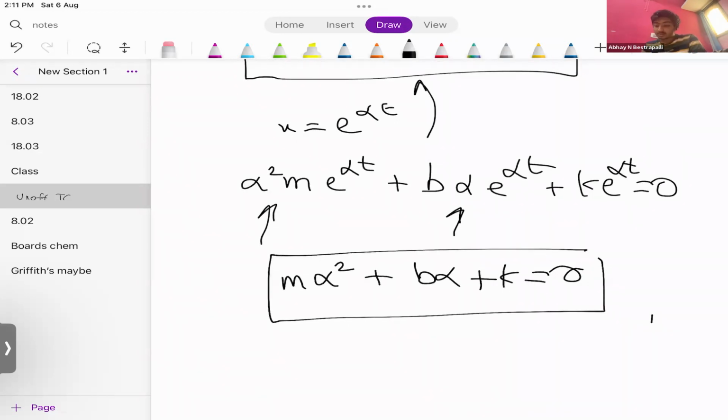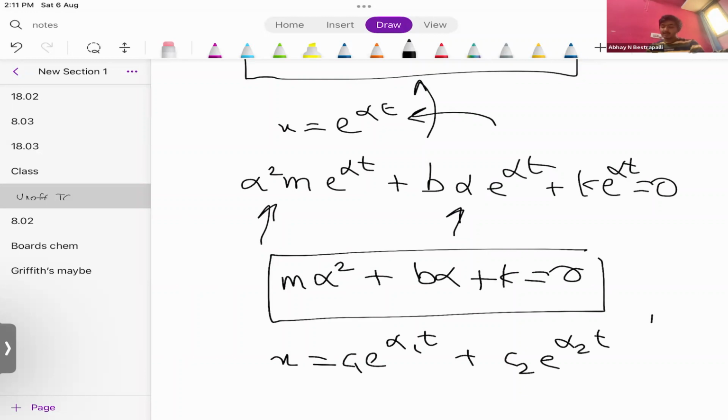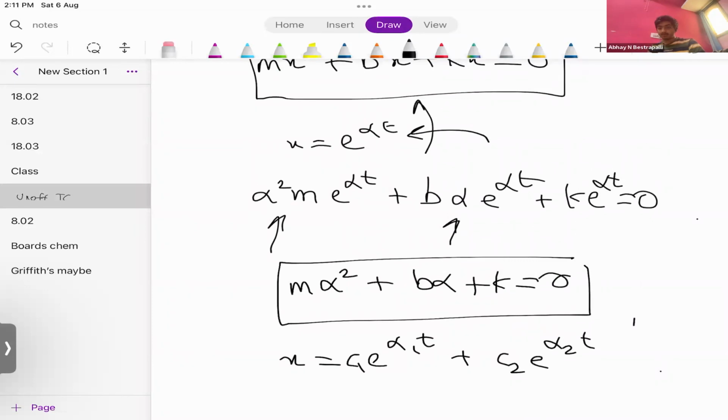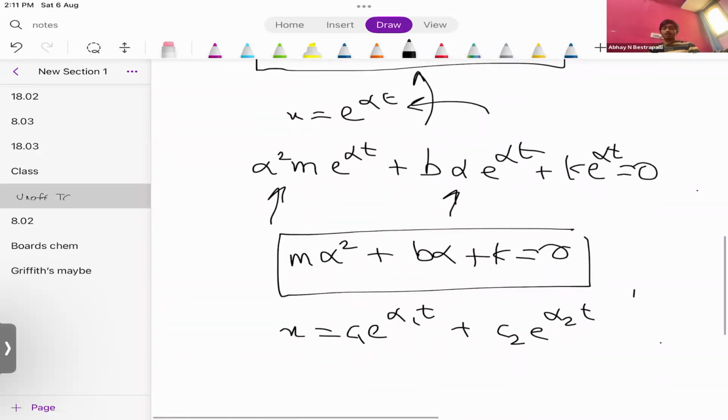So in other words, you have x equals e to the alpha t, and you get two solutions for alpha. Let those be alpha 1 and alpha 2. Then we can write the general solution as this. What do I mean by this? Alpha 1 and alpha 2 are constants depending on whatever we found.